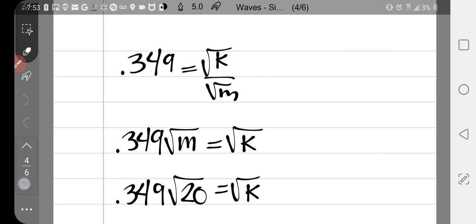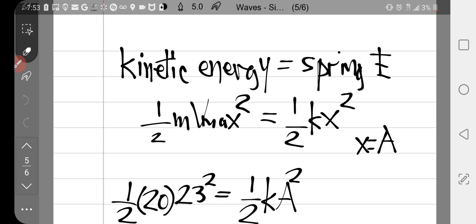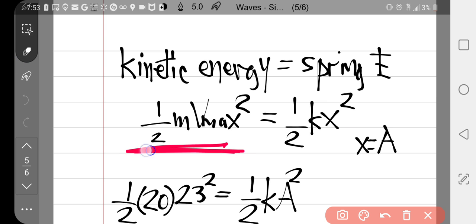Okay, let's go to the next. Kinetic energy equals the spring energy. That's what we said. So kinetic energy is 1/2 m Vmax squared, and your spring energy, the potential energy, is 1/2 kx squared. It's a similar setup in the variables, so it should be easy to remember spring energy and kinetic energy.